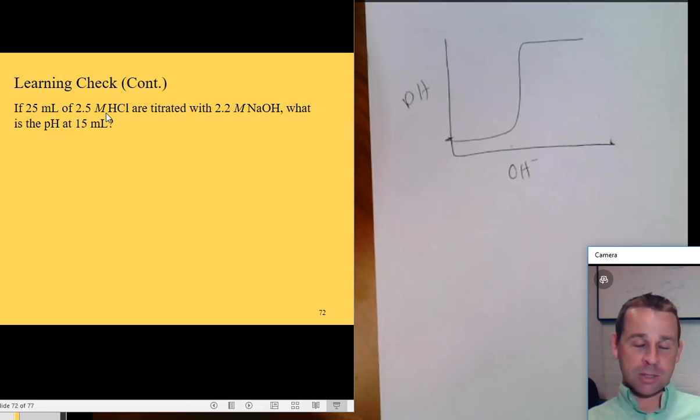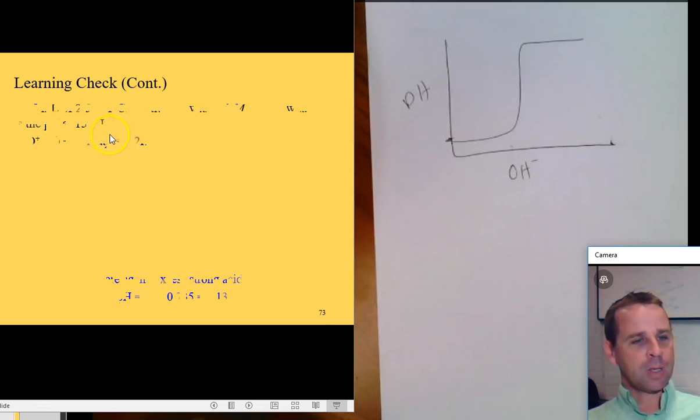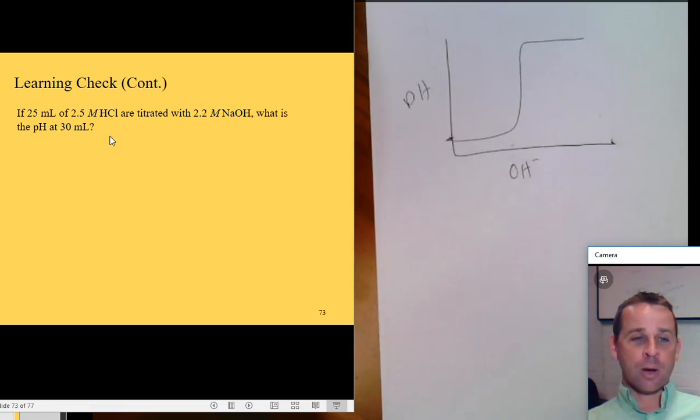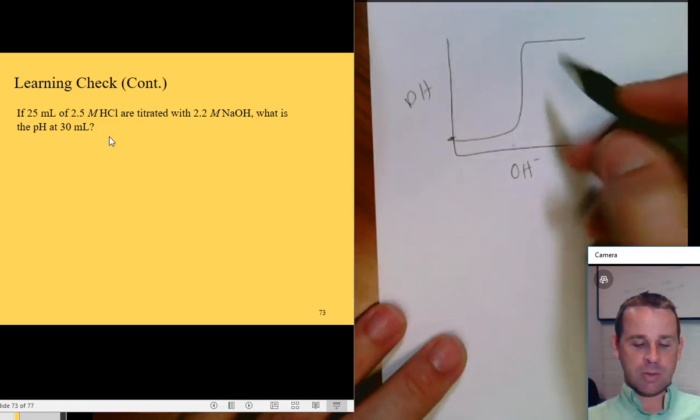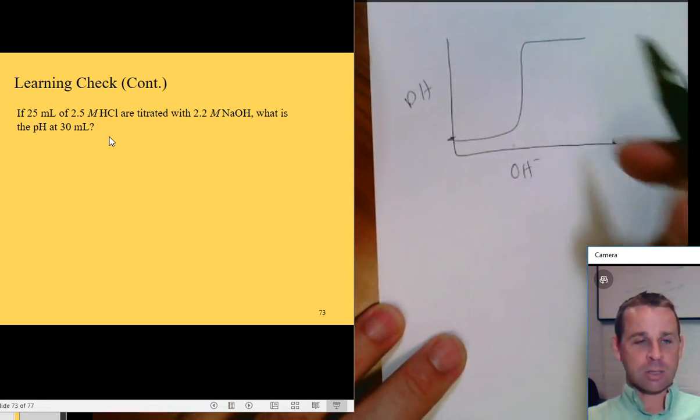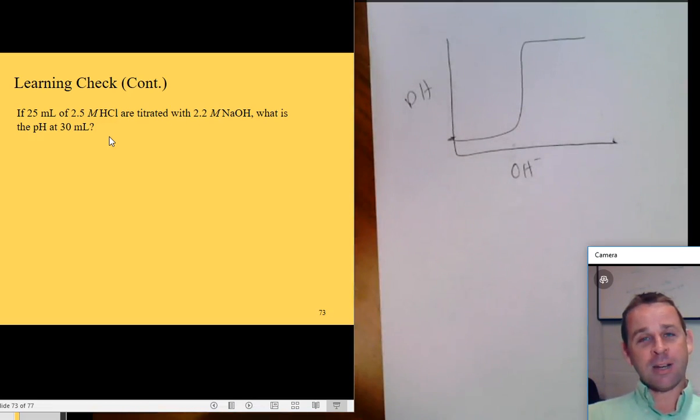And again, because it's a strong acid, that concentration is going to be equal to the concentration of hydrogen ion. The negative log of that will give me the pH. Okay? In a scenario where we have a strong acid, strong base, and we've added extra base, we've titrated the reaction, we've gotten to this point over here in this reaction, then we can just identify how much excess base we have, identify the concentration of hydroxide ion, and then take the negative log of the hydroxide ion.